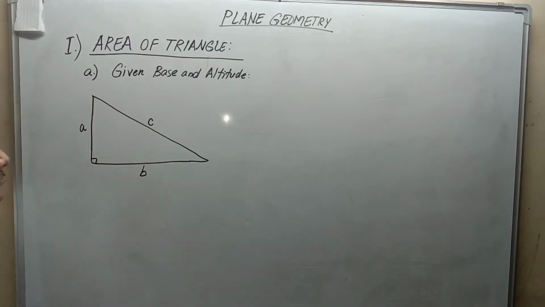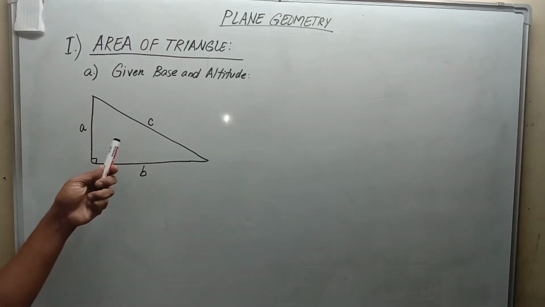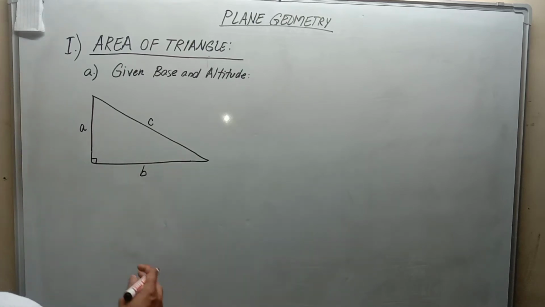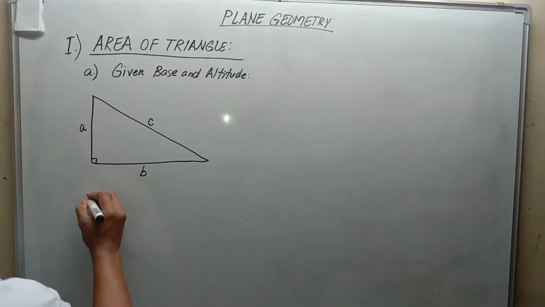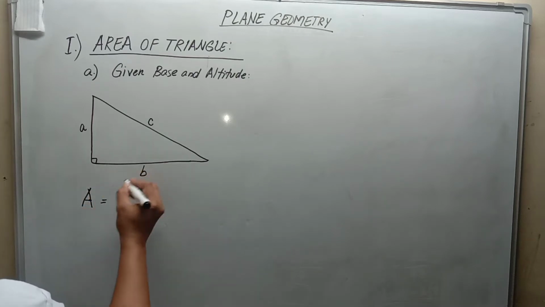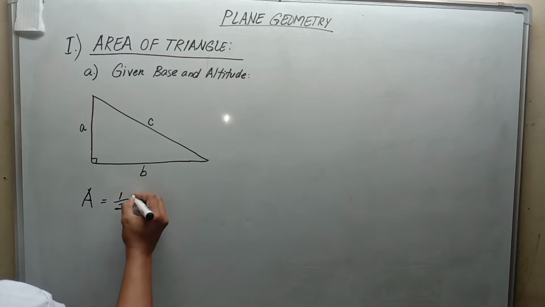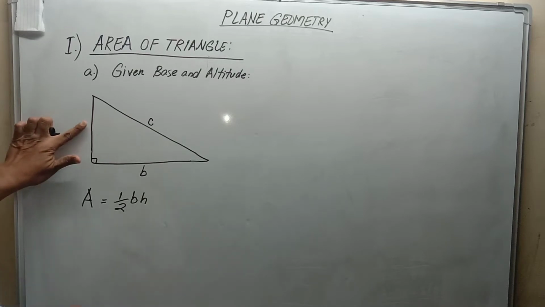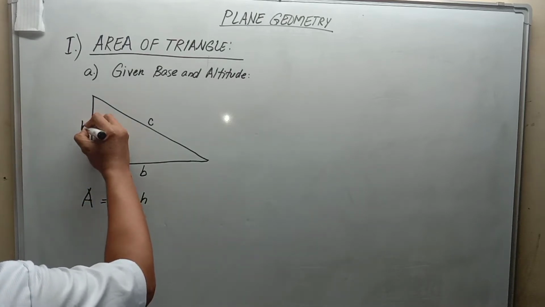Now our objective is to find the area of the triangle. So our formula on finding the area of this triangle is A, area, is equal to 1/2 base times the height or altitude. Okay.